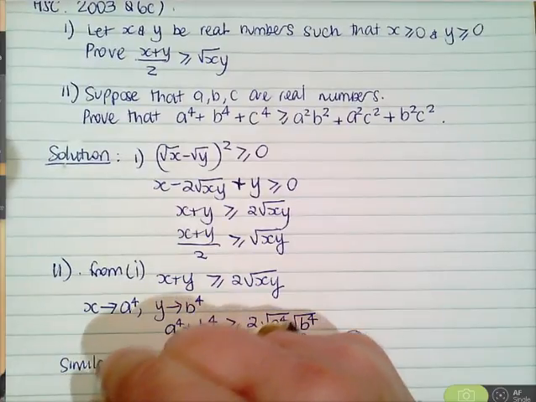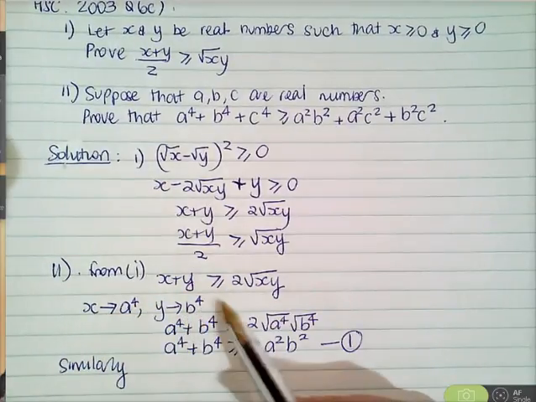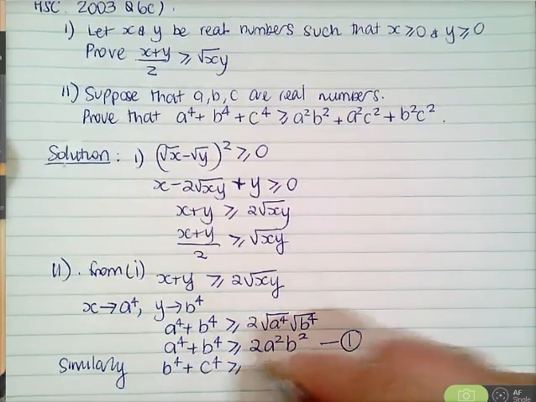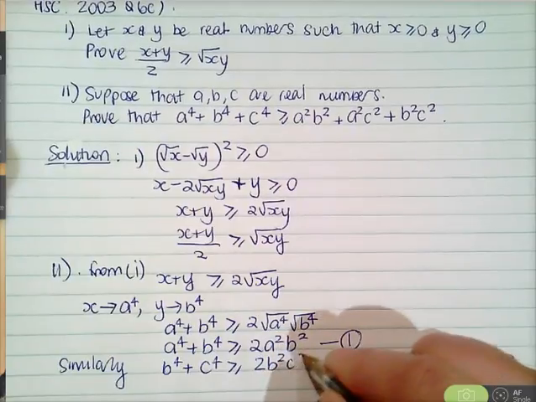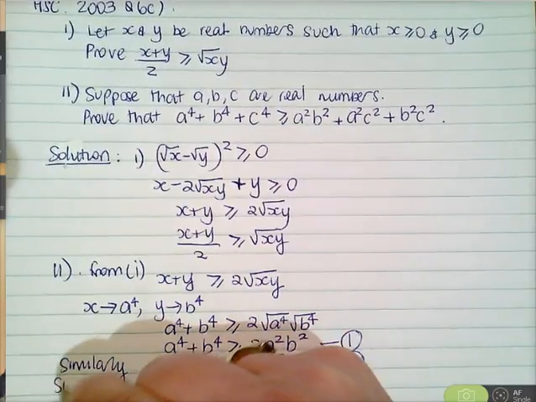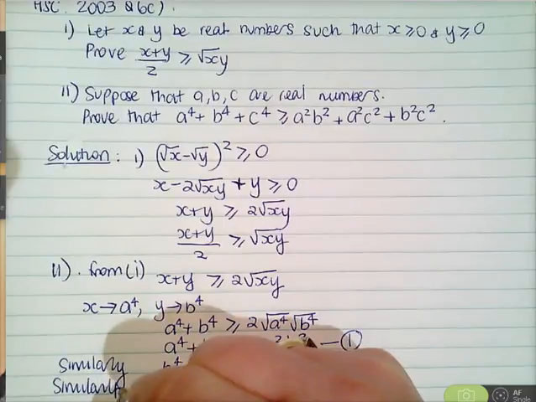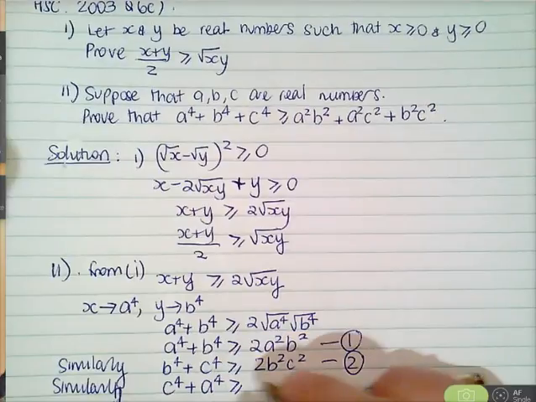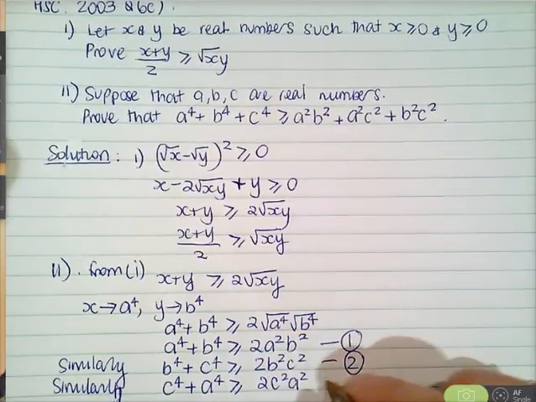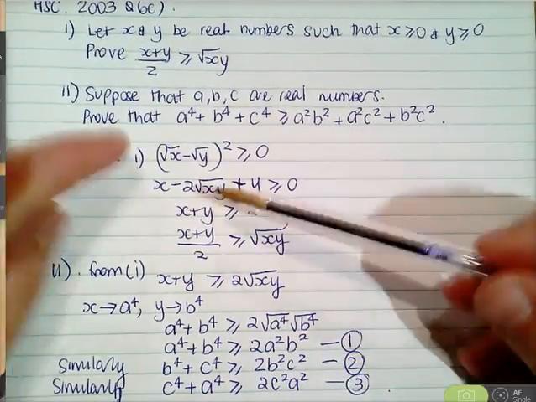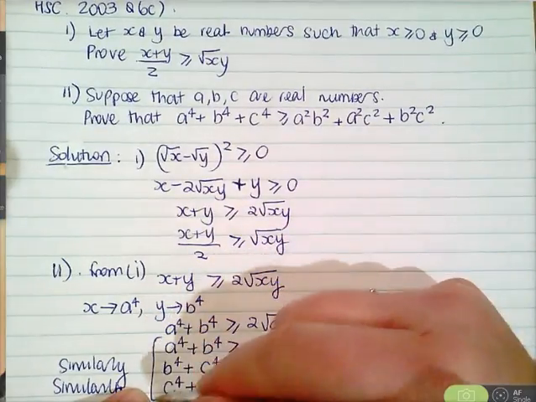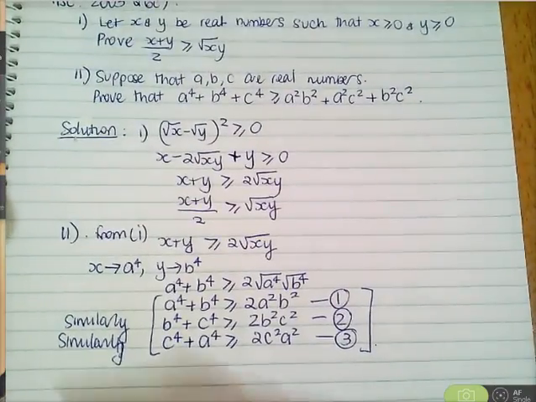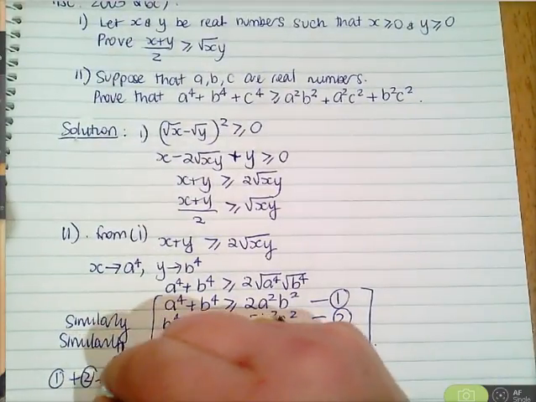And then similarly, replacing with b to the power of 4 and c to the power of 4, we would get b to the power of 4 plus c to the power of 4 is greater than or equal to 2b squared c squared, call that equation 2. And again, similarly, with replacement of pronumerals, we would get that c to the power of 4 plus a to the power of 4 is greater than or equal to 2c squared a squared. Now if we add equations 1 plus 2 plus 3, we're going to get doubling up.